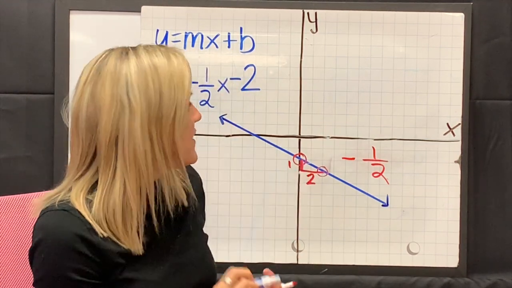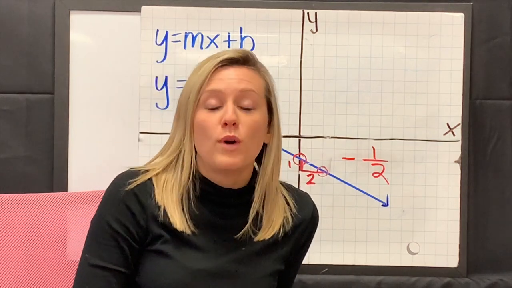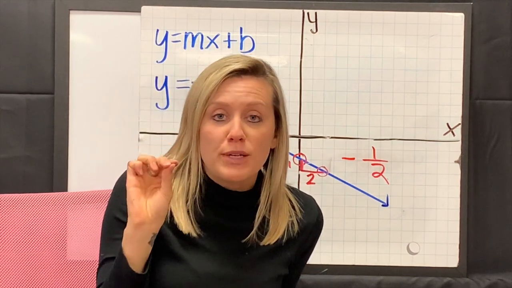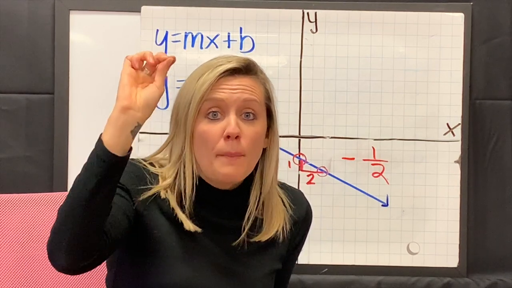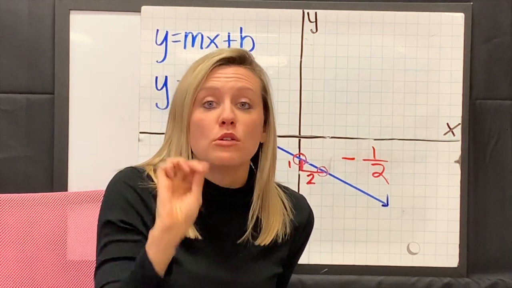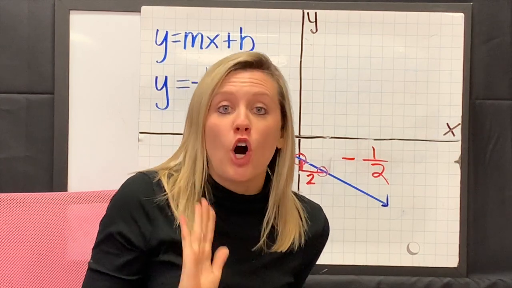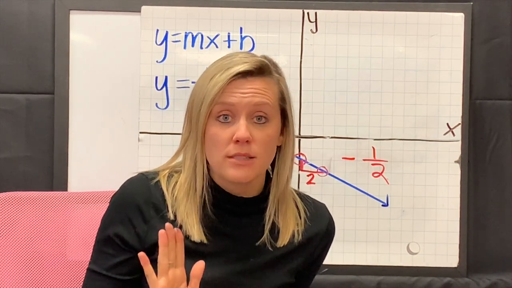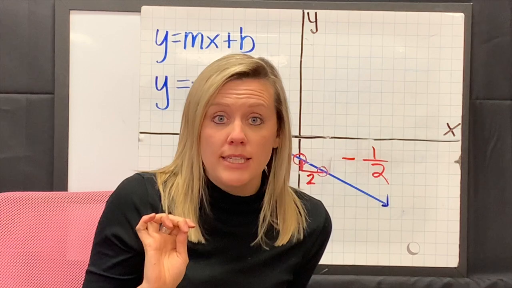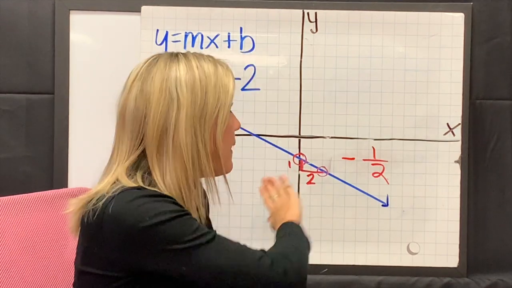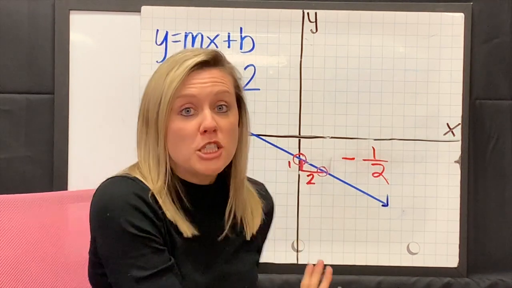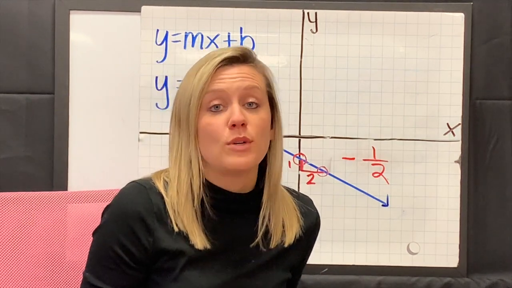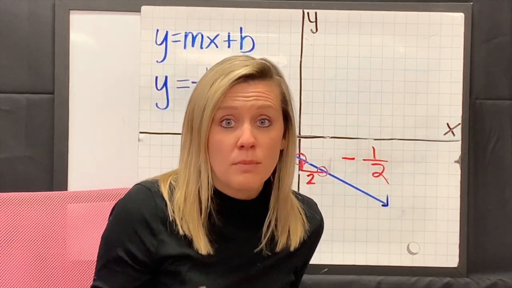So in order to figure out the slope, what you do is you start at your original point, and to get to the next point, you are either gonna go up to the right or you're gonna go down to the right. I always want you to go to the right. If you go up to the right, you know your line has a positive slope. If you go down to the right, like we just did, you know your line is going to have a negative slope, okay?